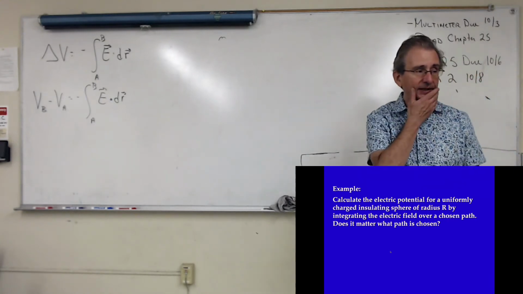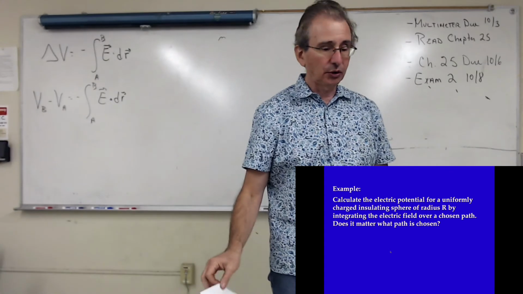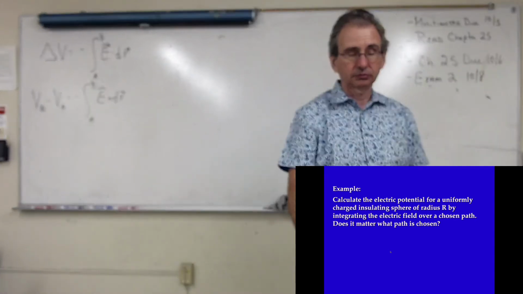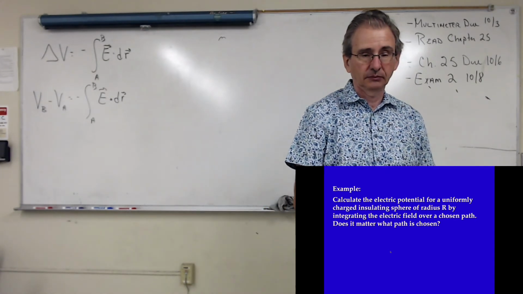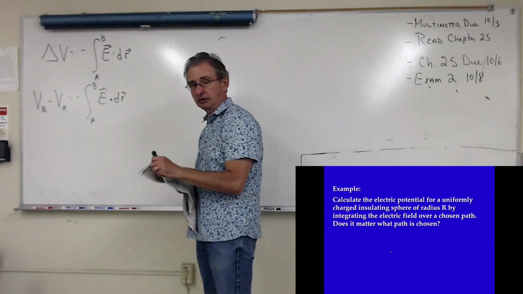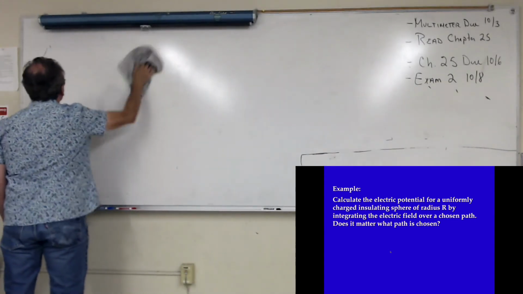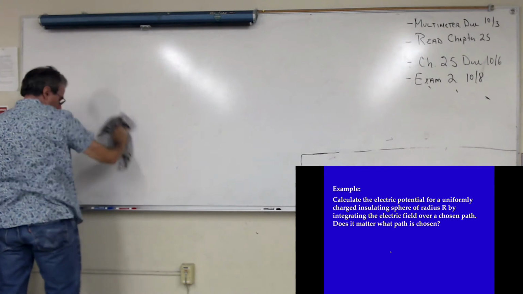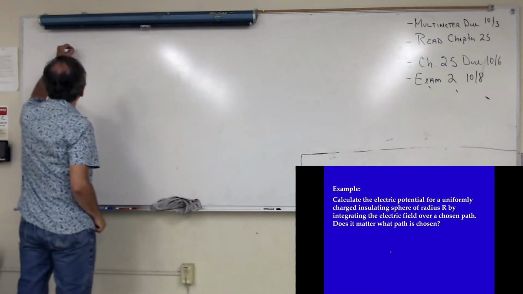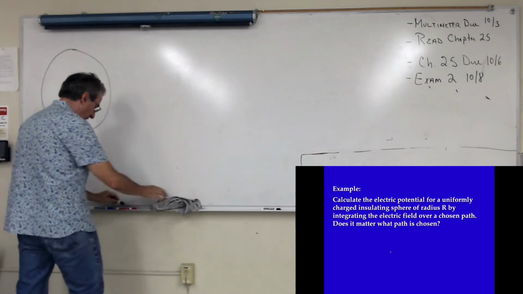Okay, so I want to calculate the electric potential due to a uniformly charged insulating sphere. Okay, so let me draw a uniformly charged insulating sphere. So this is an insulator. Actually, if I do the conductor, it's easier. So let me draw it right.